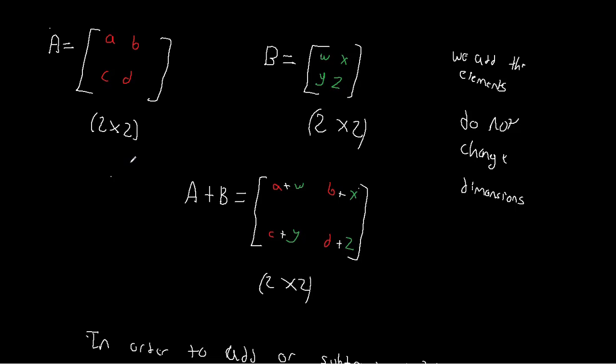Let's do the same thing, but with subtraction. Let's redefine our matrices. We'll do A equals A, B, C, and D, just like before.